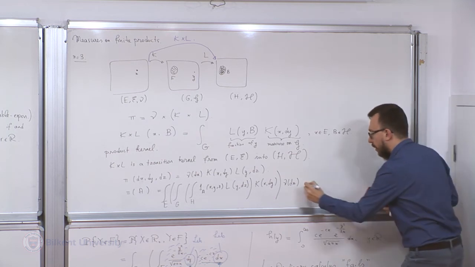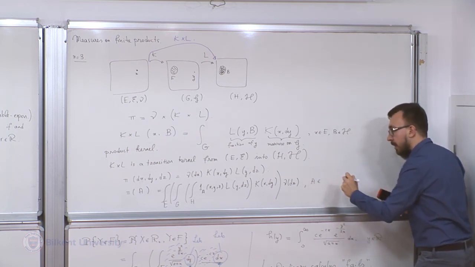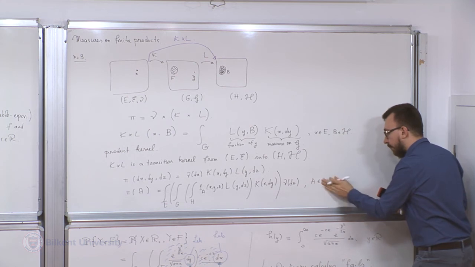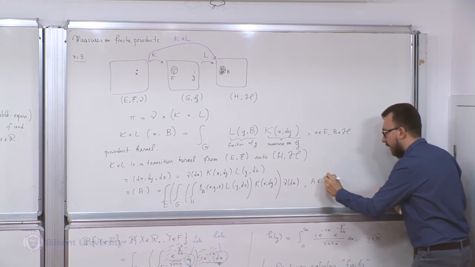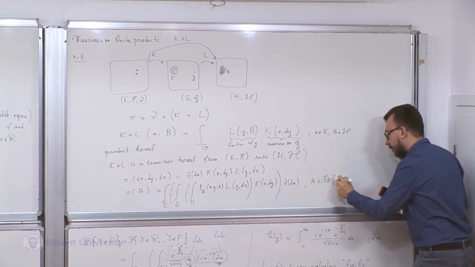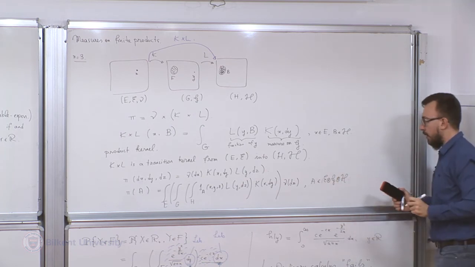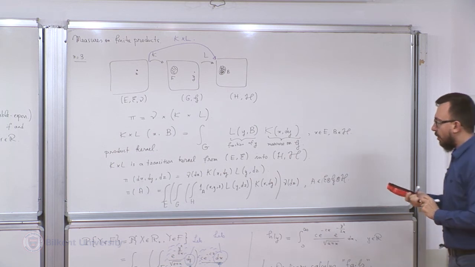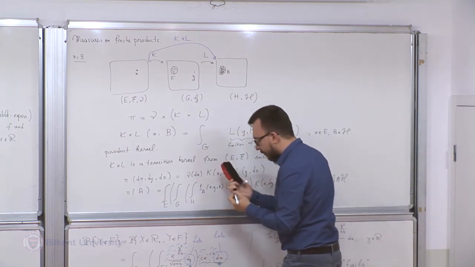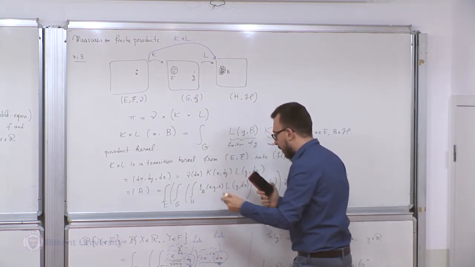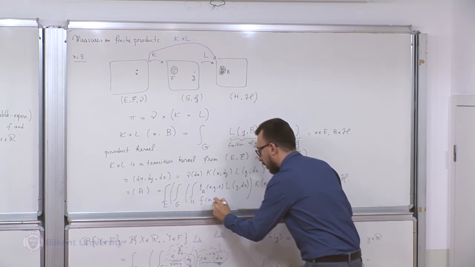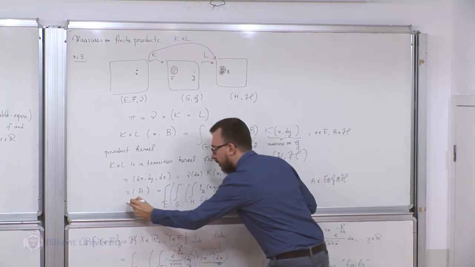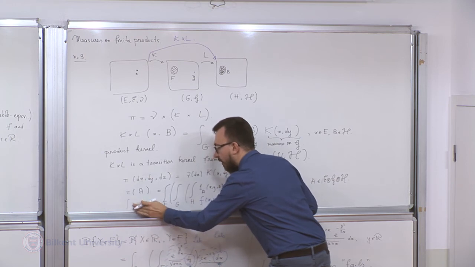This is for all A in the product sigma algebra, E cross G cross H. And you also have, if you replace this with F, then this is going to be pi F, d pi.